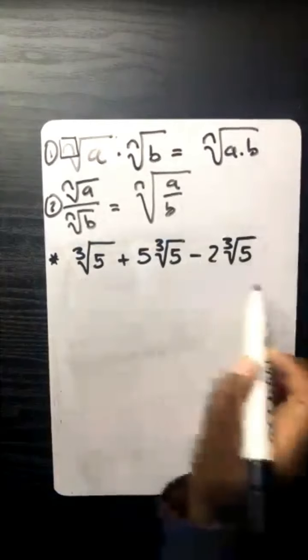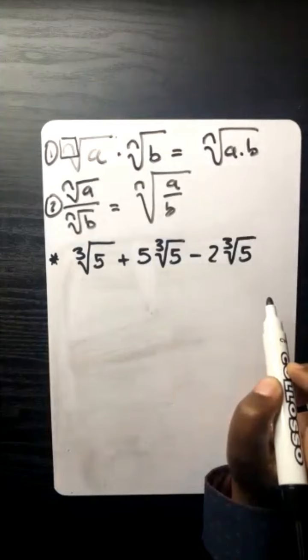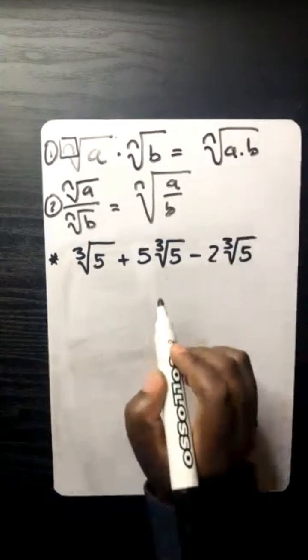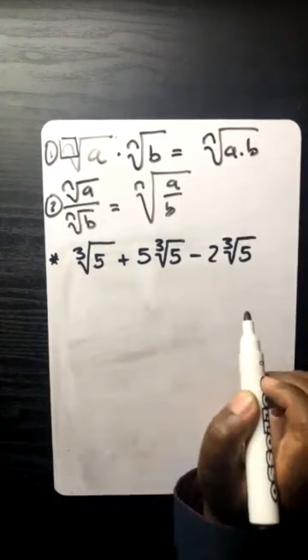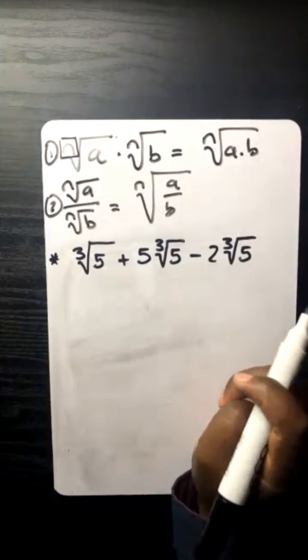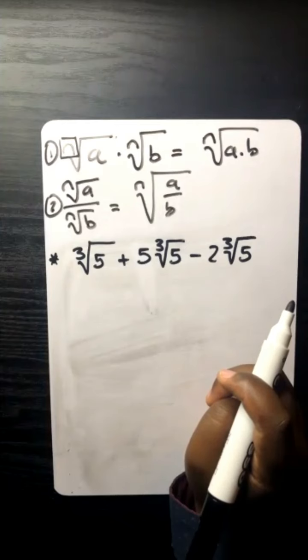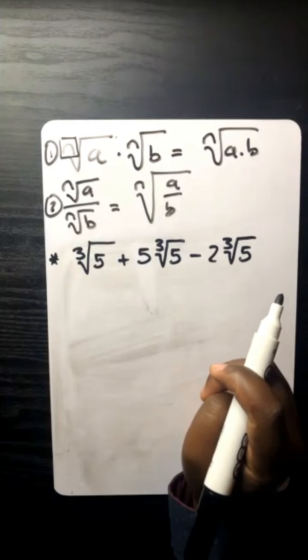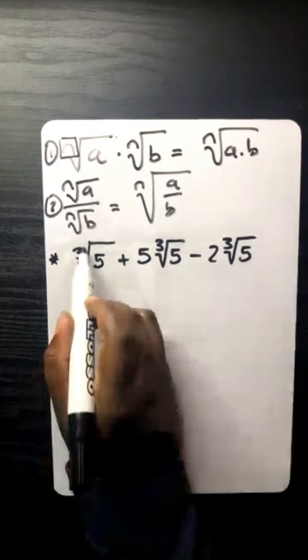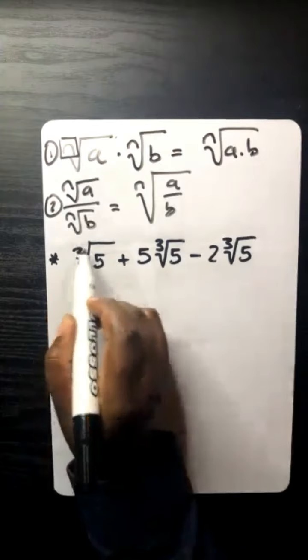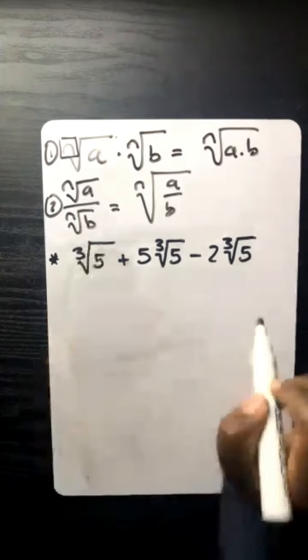Shreyas, how many terms do we have? 3, sir. We've got 3 terms. In each term, do we have a common factor? Yes, sir. What is the common factor? Square root of 5, sir. It's 3 square root of 5. Remember that 3 over there. So it's 3 square root of 5.